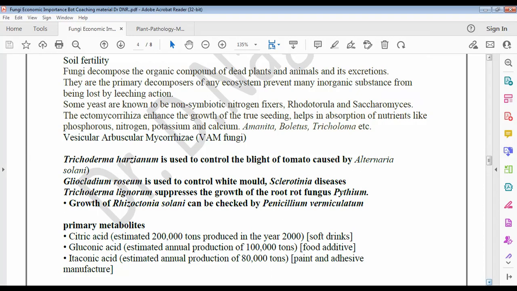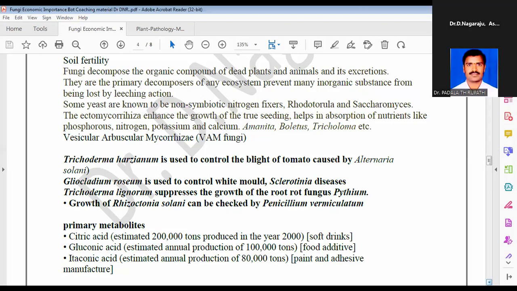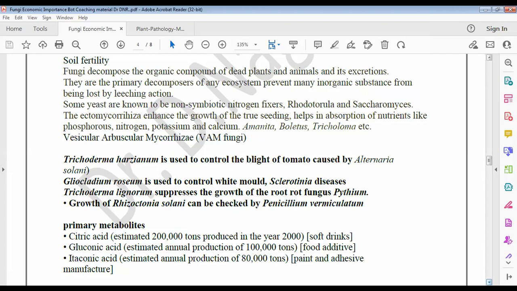Organic, natural, what our olden days people, grandparents used. That technique is nowadays an advanced technique, without using chemical pesticides and fertilizers, by using the natural resources, by using the natural decomposers.